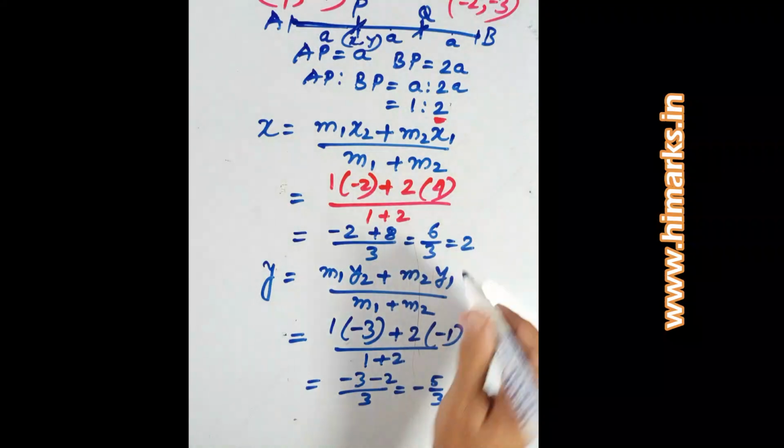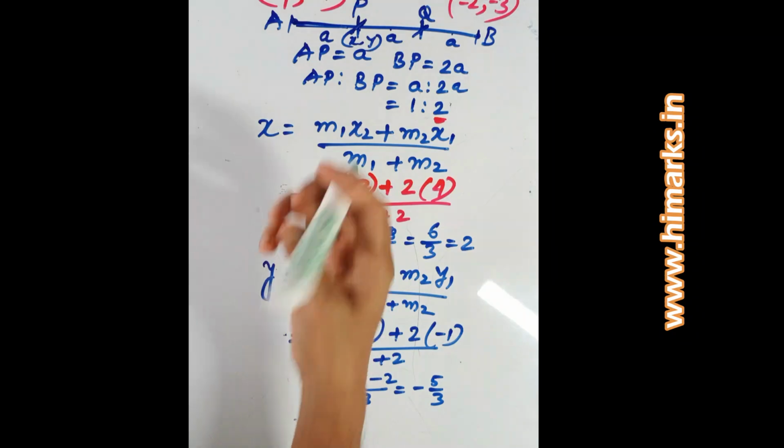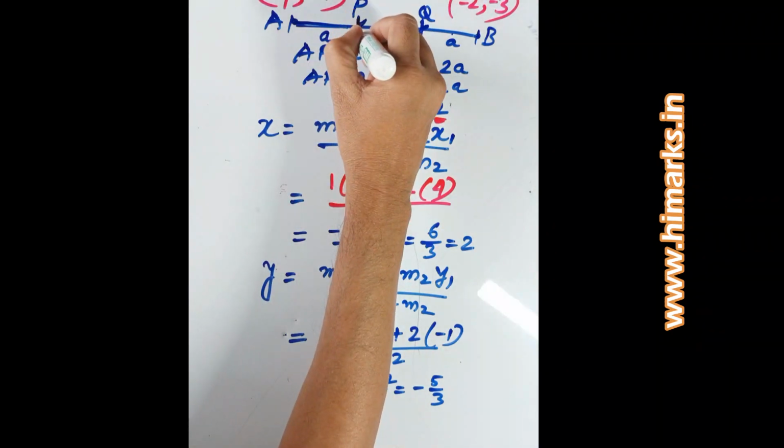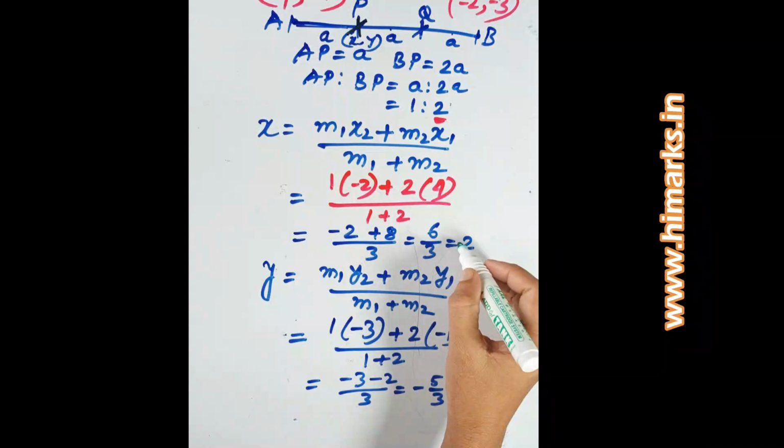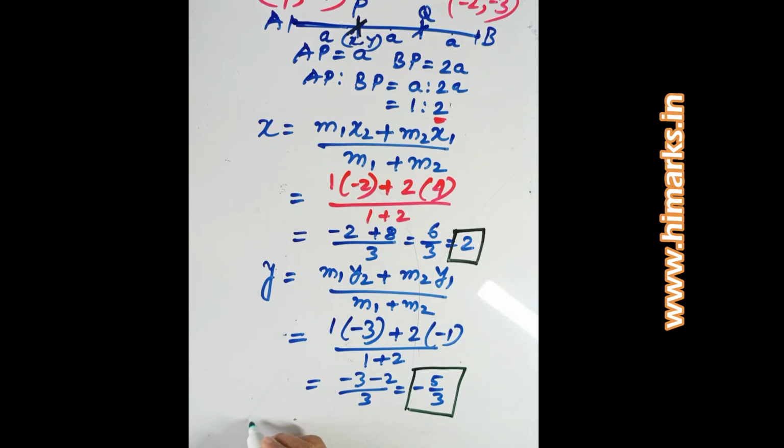So for this P point, the first point, x is equal to 2 and y is equal to -5 by 3. So P of x, y is 2 comma -5 by 3.